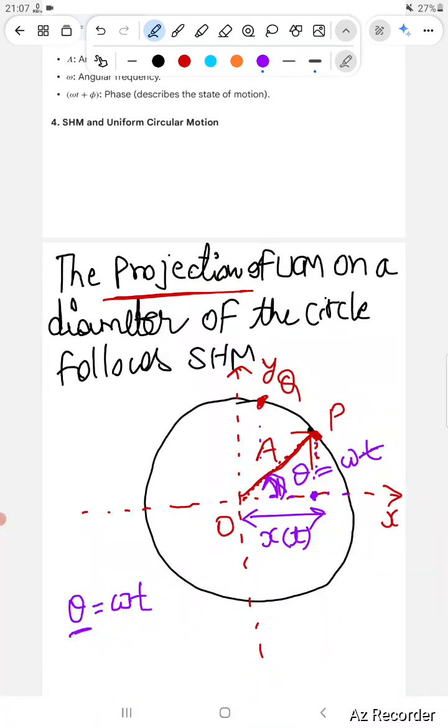Sir, what is this omega? Actually, if you assume that the boy was not at this point P, let us suppose the boy is at point O dash. I am marking it as O dash. Then going from O dash to P, he takes time t with speed omega. So distance traveled, theta, is equal to omega t. I hope it is clear to you.